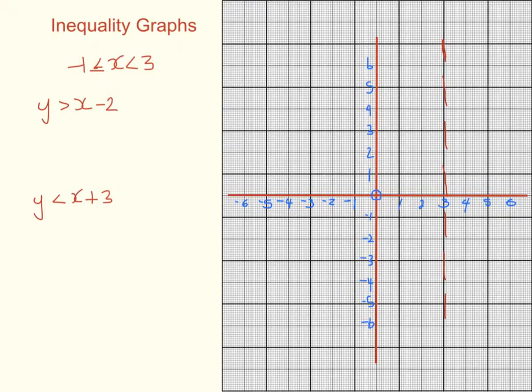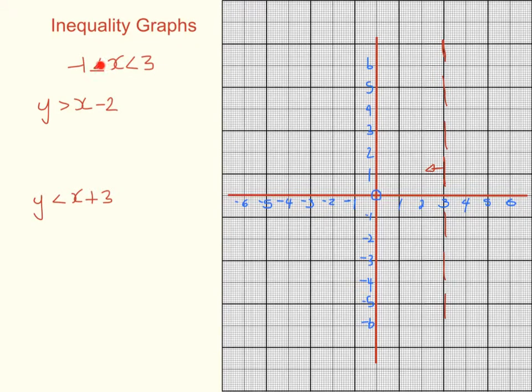All right, when you do this, make sure you use a ruler. Don't do it free-handed like I'm doing it at the moment, because it's not going to look very nice. So that's x is 3. Now, because we want x is less than 3, we want this side of the line. Now, let's go back to what we've got here.